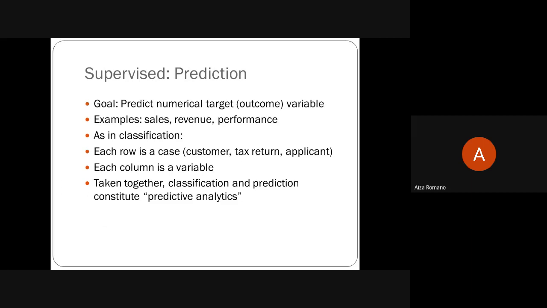Sometimes in the data mining literature, the terms estimation and regression are used to refer to the prediction of the value of a continuous variable, and prediction may be used for both continuous and categorical data.